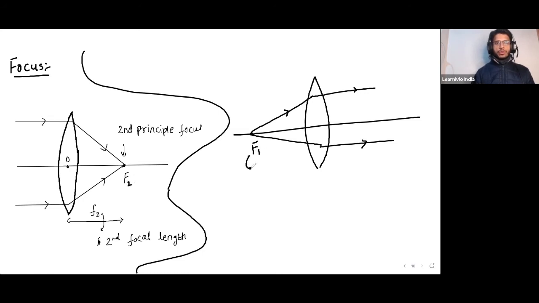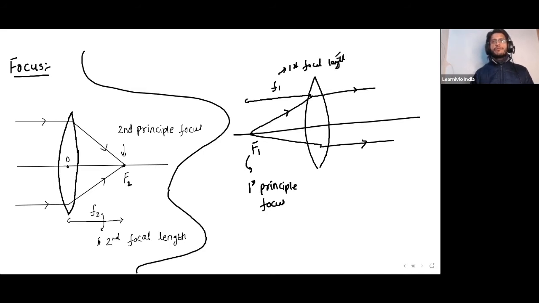So the first principal focus is that point at which, if you place the object, the rays become parallel to the principal axis after refraction. And this separation is known as the first focal length.